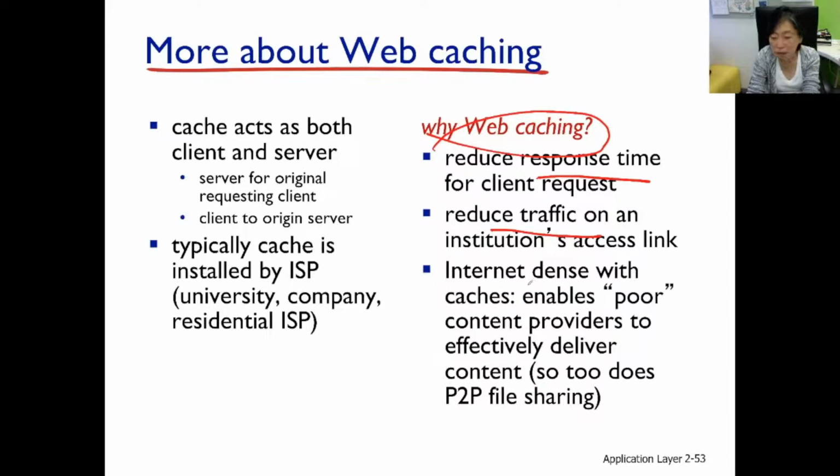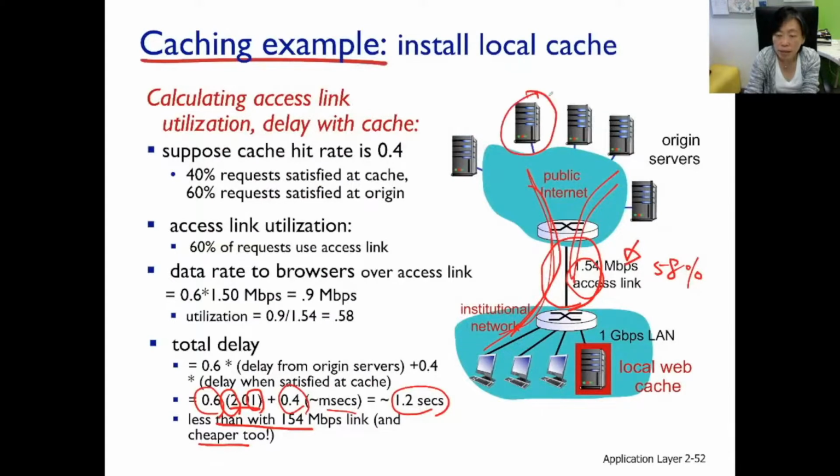Now, an extra benefit we didn't talk about is that we did not assume the uplink bandwidth of the servers being the bottleneck. If the server is poor, meaning a poor content provider out there, let's say the server here cannot afford a high bandwidth uplink.